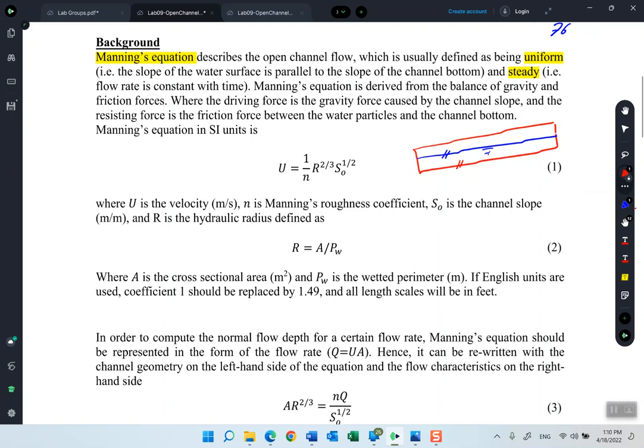And steady flow is the flow that has a constant flow rate. The flow rate does not change with time. In this case, we can classify the flow as steady. Otherwise, you won't be able to use Manning equation. You have to use different equations.